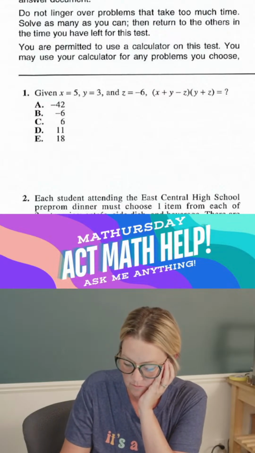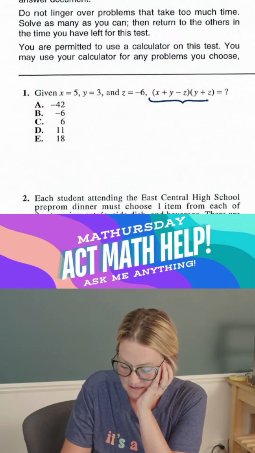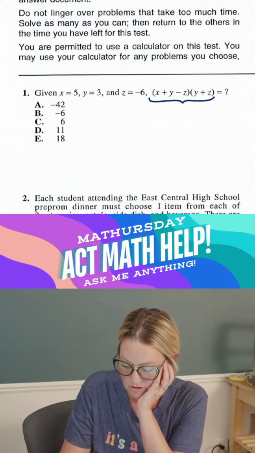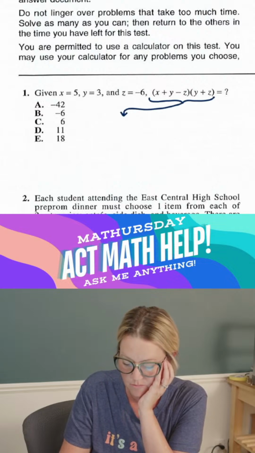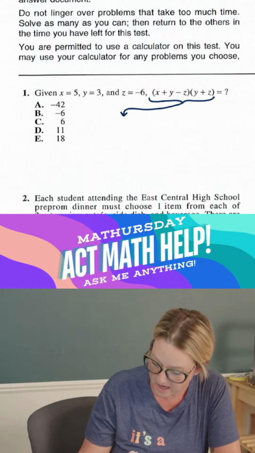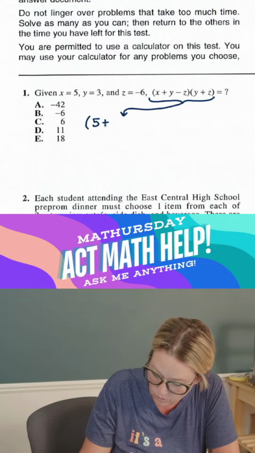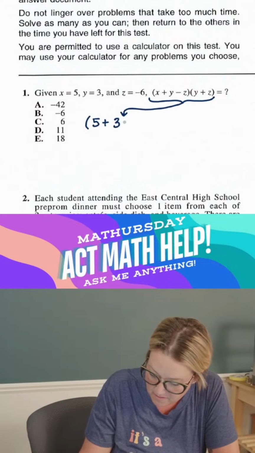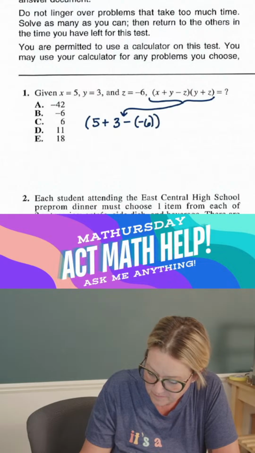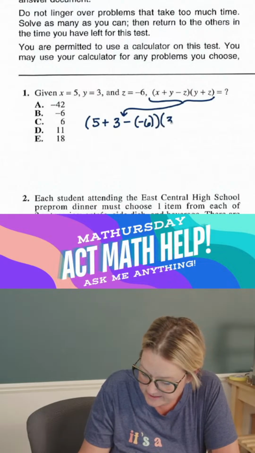I'm going to move it over here so I have enough room. Okay, so x is 5 plus y, which is 3, minus z, which is -6, times y is 3, and z is -6.